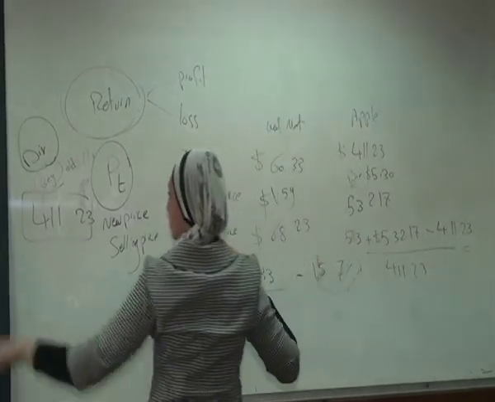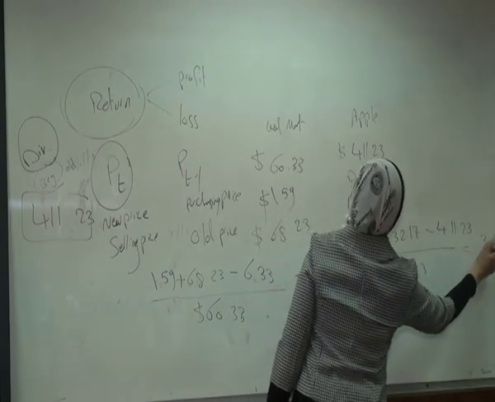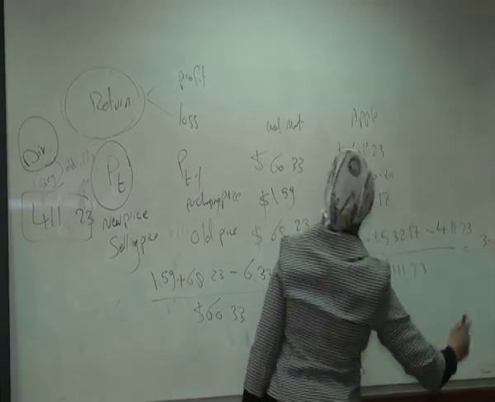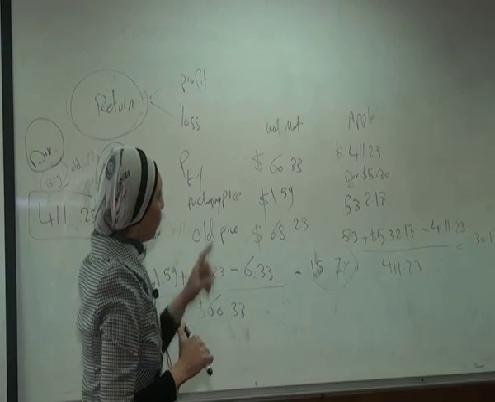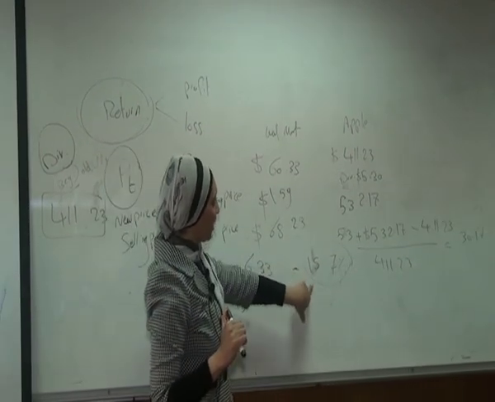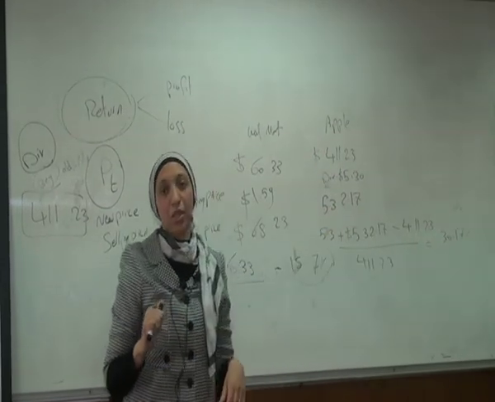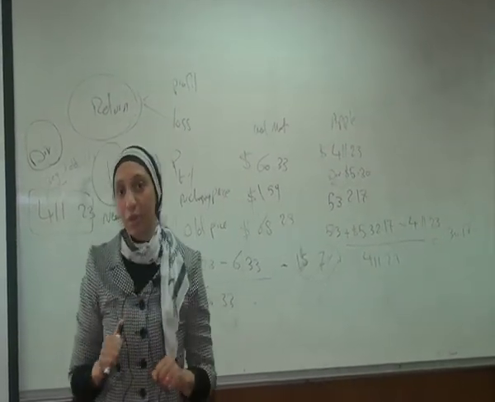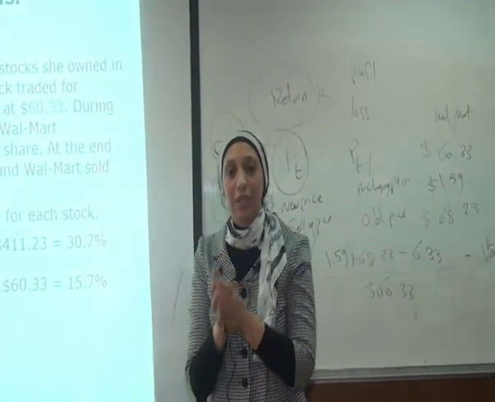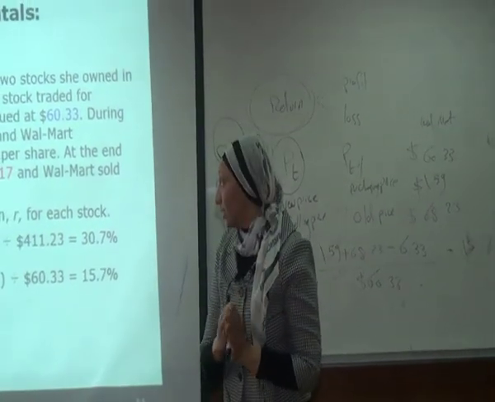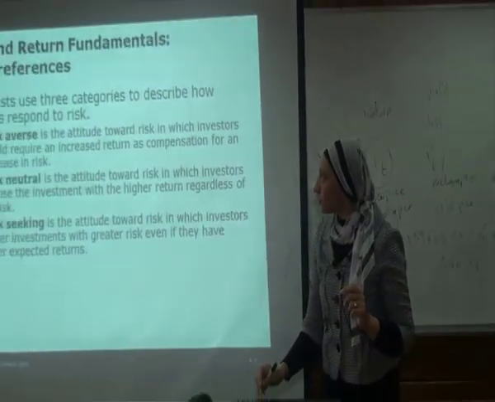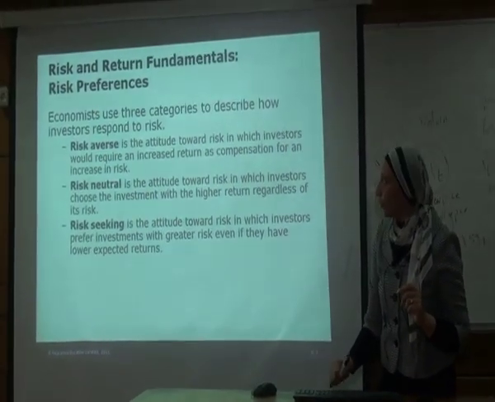So this will yield us 30.17% return. So you achieved the return of 15.7% in Walmart, and you achieved a return of 30.17% in Apple. Okay, this is the way how to calculate the return for your invested stocks.